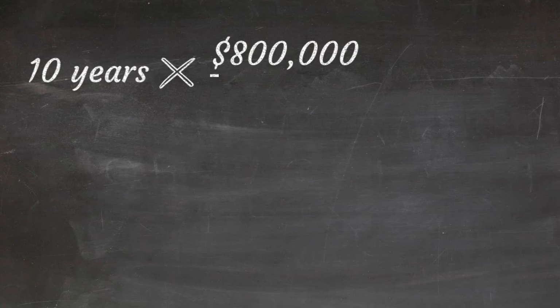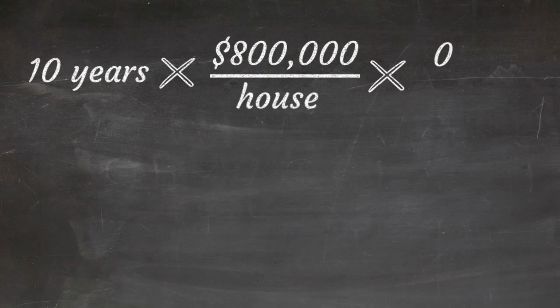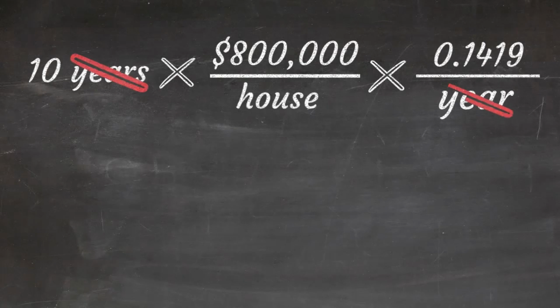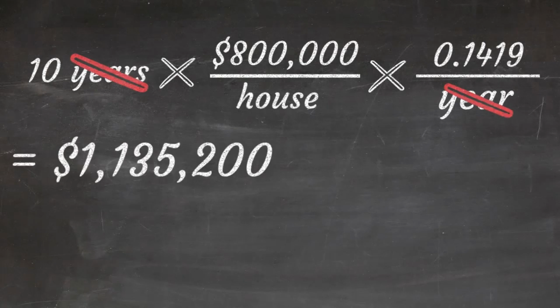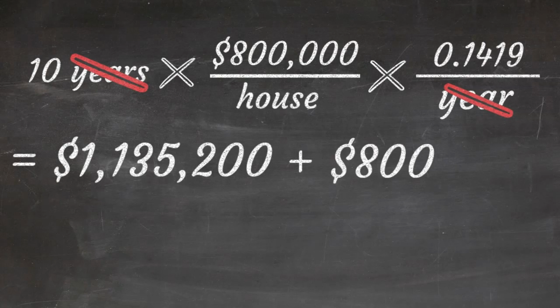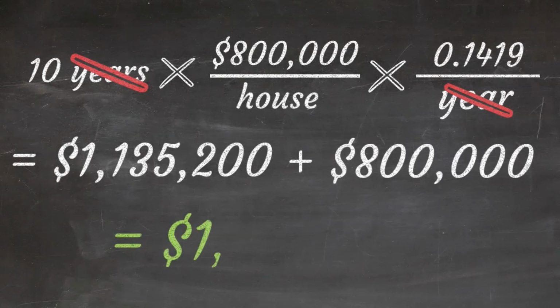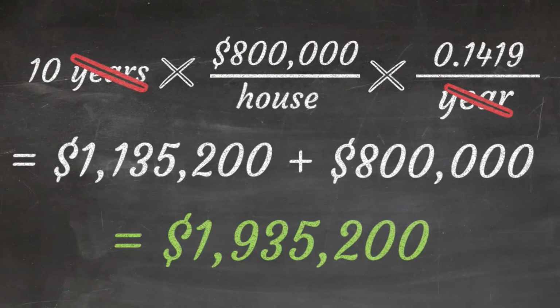To figure that out, we would take 10 years multiplied by $800,000 per house times 0.1419. That would give us $1.135 million over the next 10 years. The total value of the house would be that number plus $800,000, which is $1.935 million.